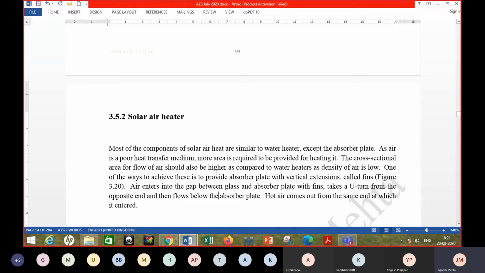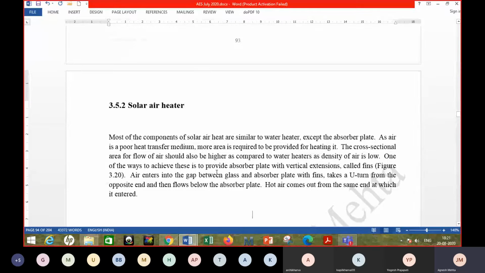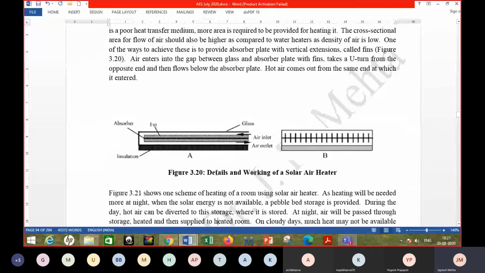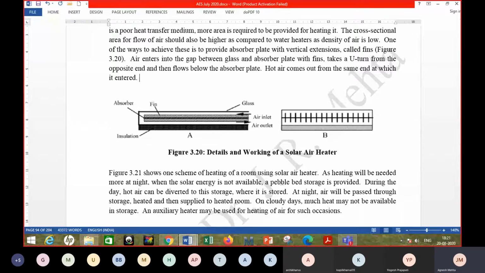So of course you cannot say that there is only one single way of addressing these things. There could be multiple ways in which these issues can be addressed. So there could be different possible designs. One such design is illustrated in this figure.